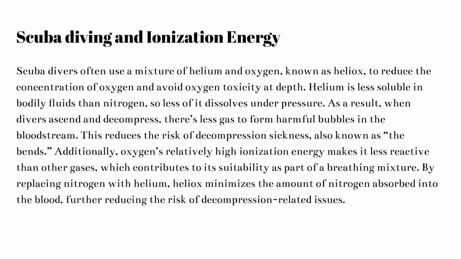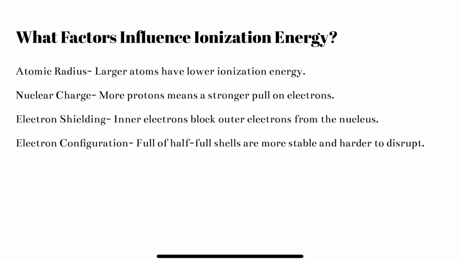There are a few key factors that influence ionization energy. Atomic radius. When atoms are larger, the outer electrons are farther from the nucleus and easier to remove. So ionization energy goes down. Nuclear charge.